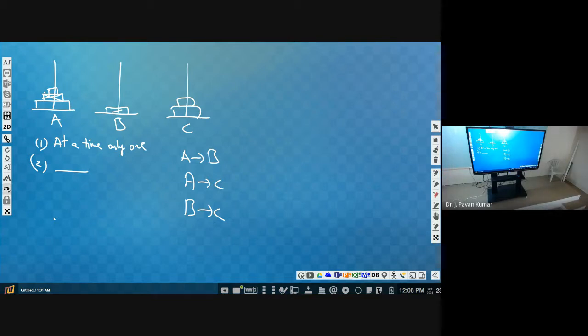You will not remember anything. From A to C we have to move. Okay, A is the source, C is the destination.